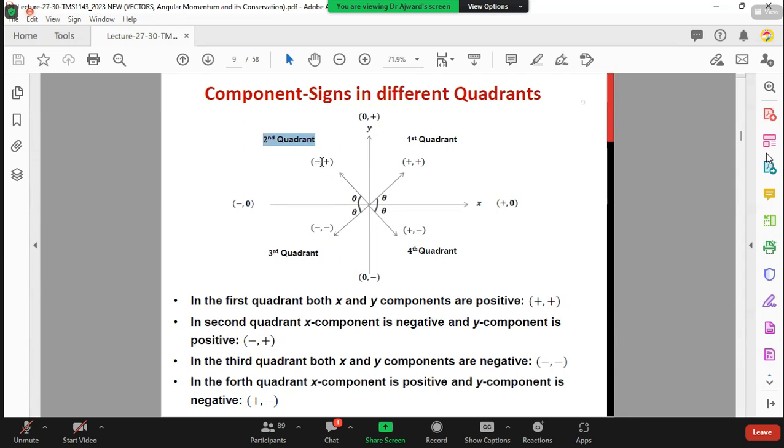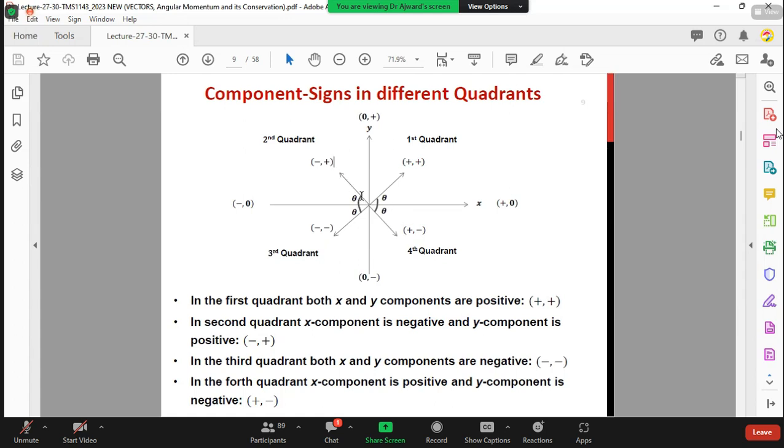In the second quadrant, the x component is negative and the y component becomes positive. Do you see it in your mind? You will take the small angle theta instead of the large angle, because you can come to the second quadrant by drawing a large angle theta, since usually you measure the angle from the positive x-axis to the pointing direction.